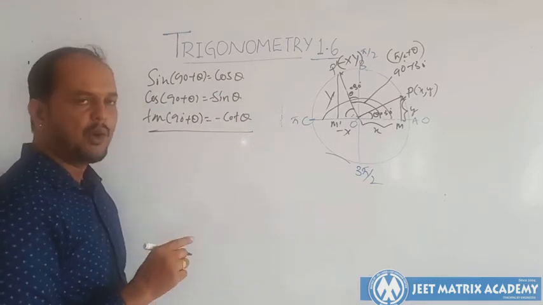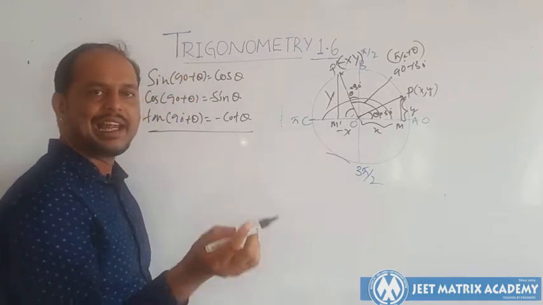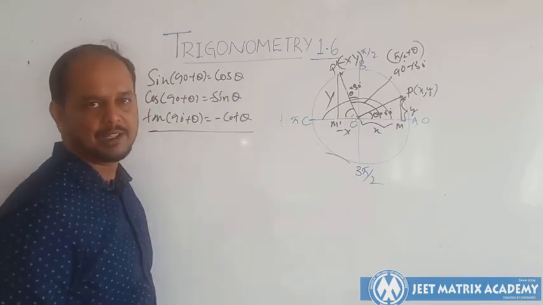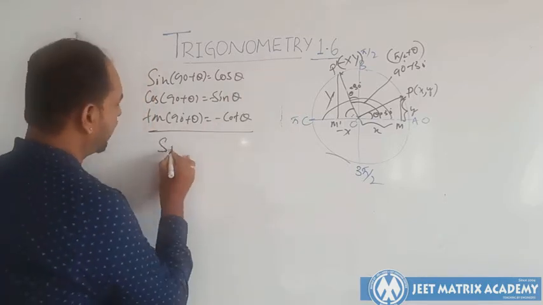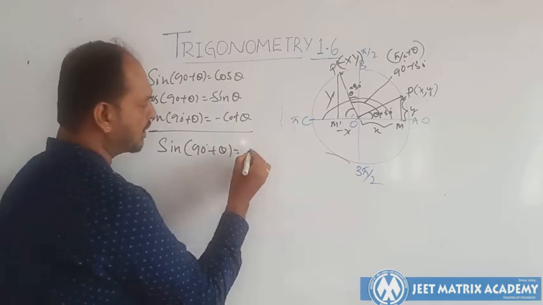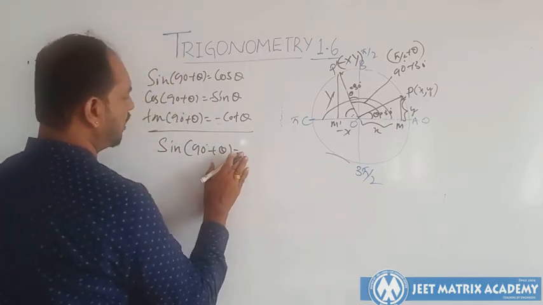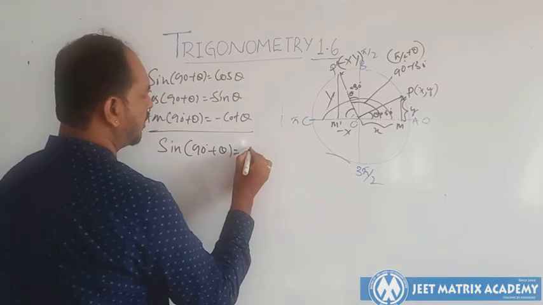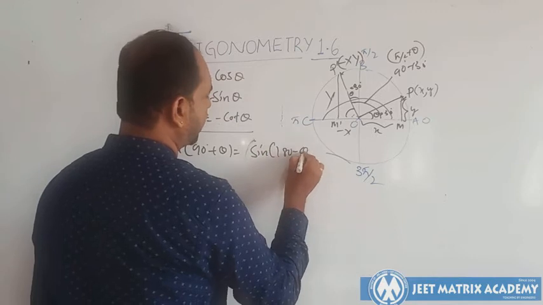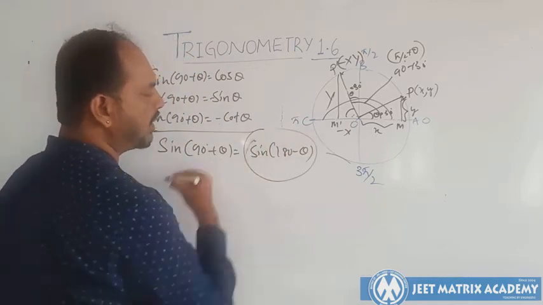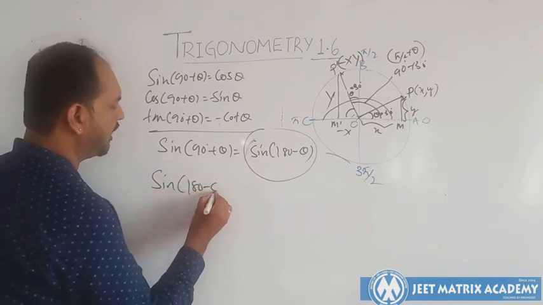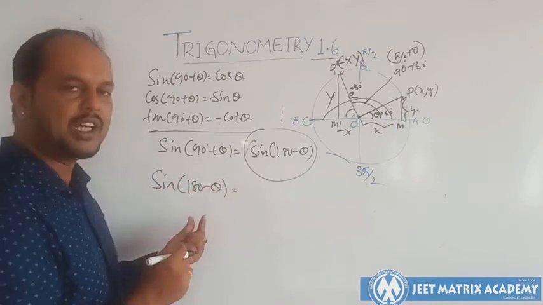Now either I can say 90 plus theta, second quadrant, or one more way, 180 minus theta, am I right? So sin(180 − θ). Now think about this: how can I write 180 minus theta?